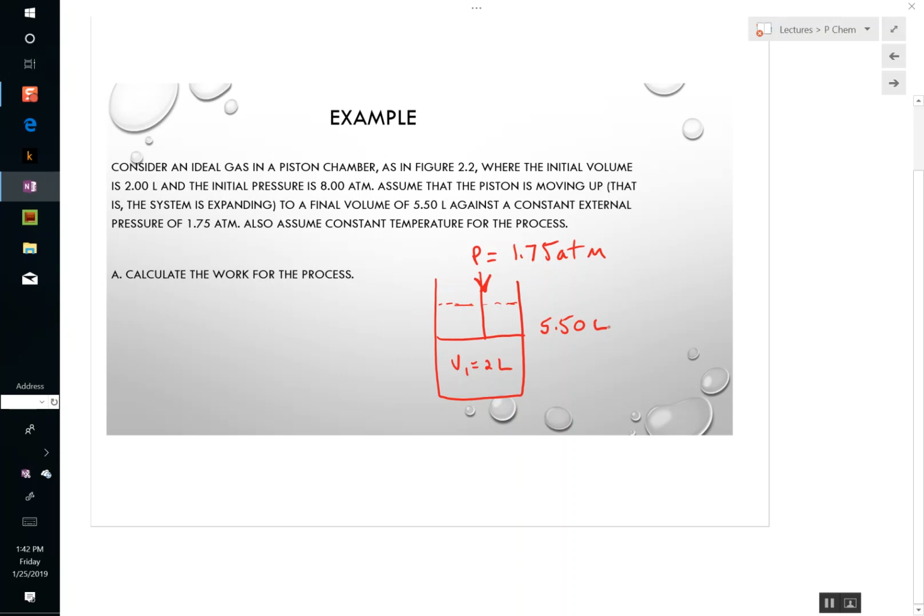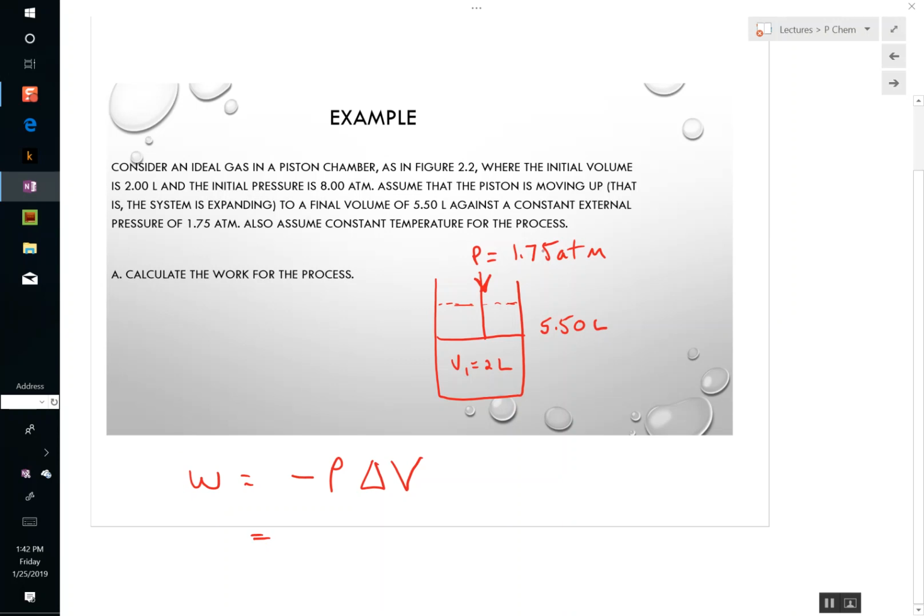So calculate the work for the process. All right, it's straightforward. Work equals negative P delta V.